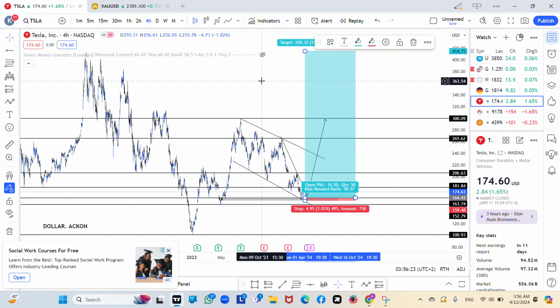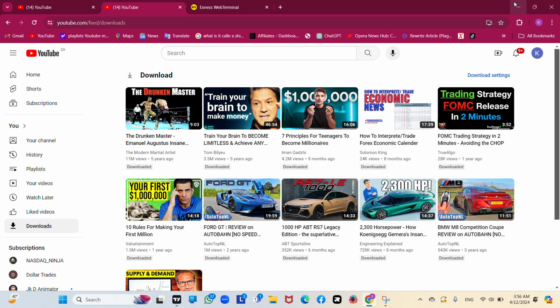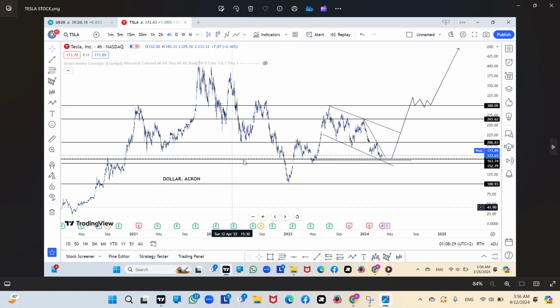So buy this stock. This was my primary analysis on this Tesla stock, and right now it's refined.